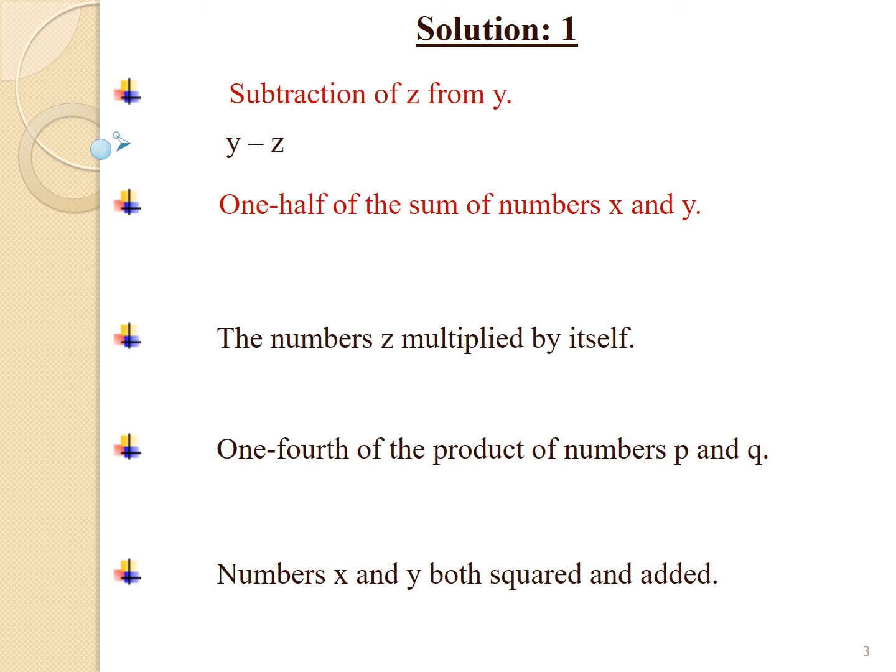So in order to write the algebraic expression for 1/2 of the sum of unknown numbers or variables x and y, first of all, we have to write the sum of the variables x and y.